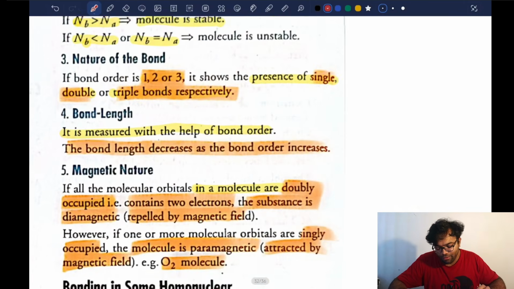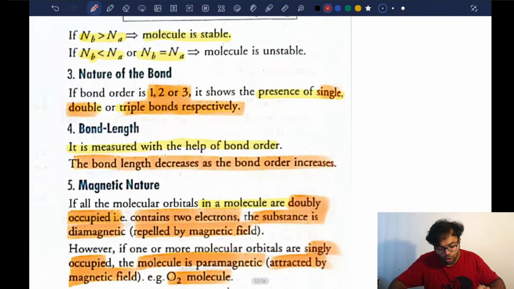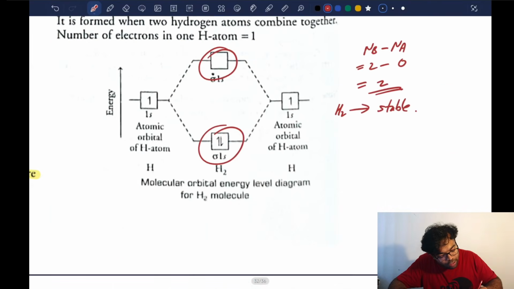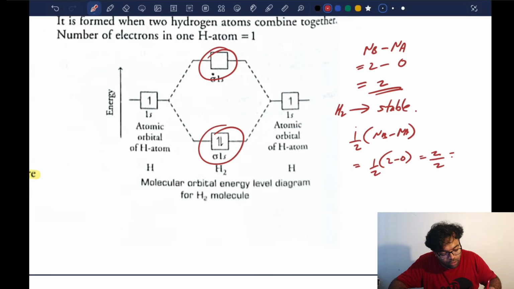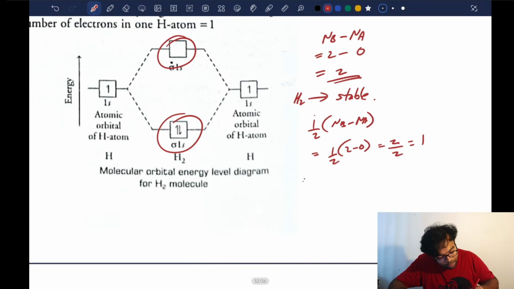Okay, next we learned about the bond order. What is the formula for bond order? 1 upon 2 times (Nb minus Na). So 1 upon 2 times (2 minus 0) is equal to 2 upon 2, which is equal to 1. So the bond order is equal to 1.